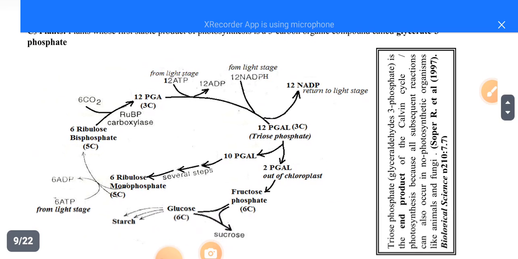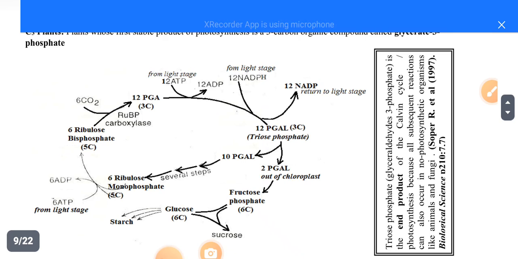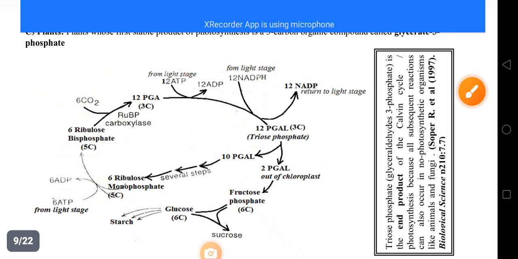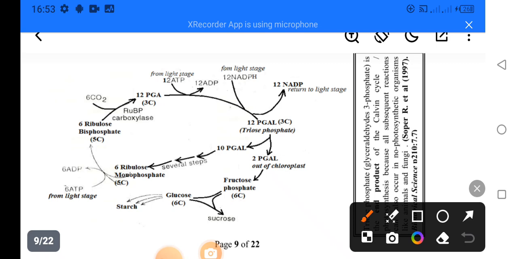Now from there, I want us to look at this. Let us begin from here. Let us look here. There we are saying that the 12 PGA, in bracket, the 3 carbon. Then from the light stage you have 12 ATP, then 12 ADP, then we form.